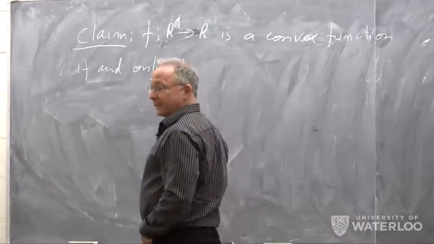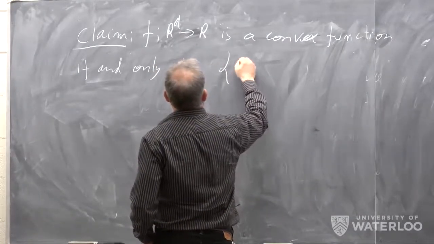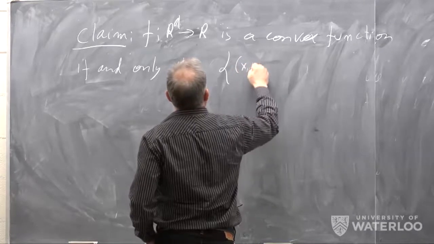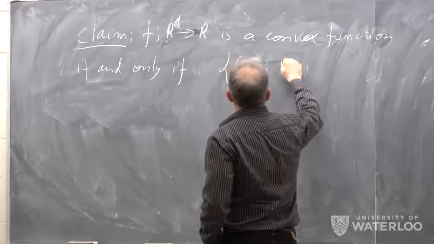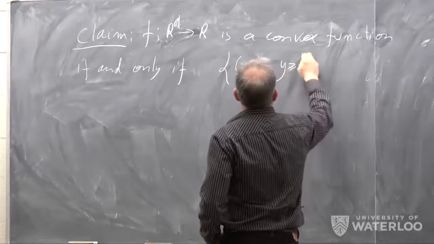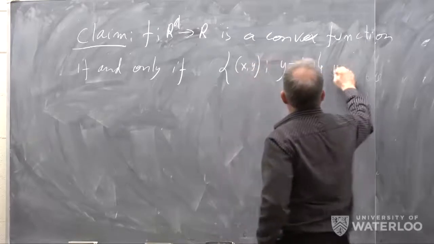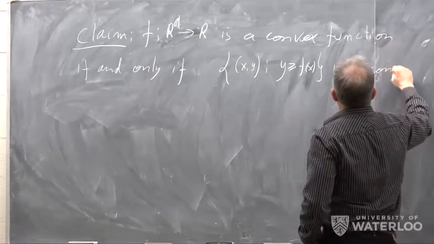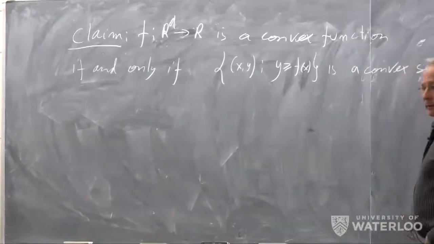Now I'm looking at a set. The set of all x, y, such that y is above f of x is a convex set. Convex set where?